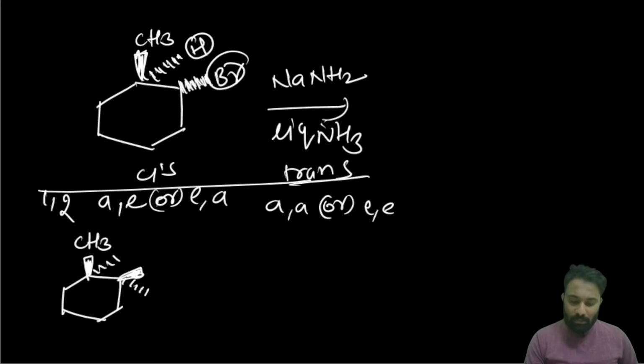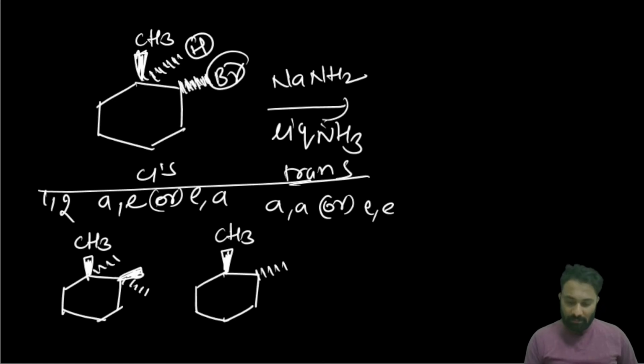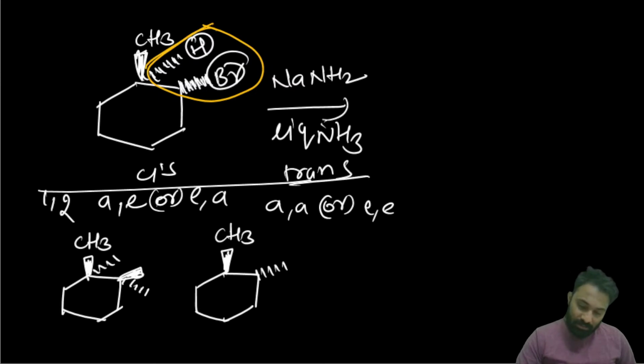Same groups or any groups, dotted and wedge, that represents the cis. If on the cyclohexane one wedge and one dotted is given, this represents the trans. I am not asking about the compound, I am asking about the relation between this hydrogen and the bromine. That compound is trans, I know, but I am asking whether this hydrogen and the bromine are trans or cis to each other. Those are cis to each other.